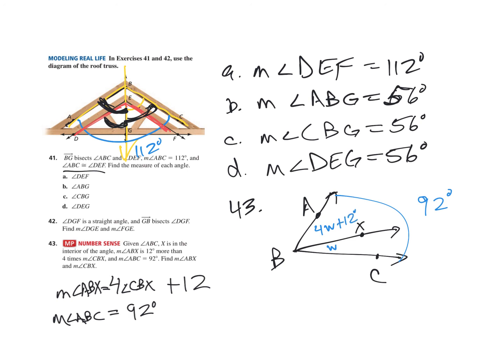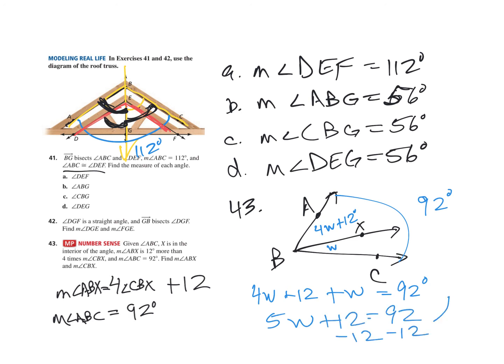So now we have two things we can add together to get to 92. So 4W plus 12 plus W equals 92 degrees. That's 5W plus 12 equals 92. Subtract the 12, and we get 5W equals 80. Divide off the 5, and W is equal to 16.